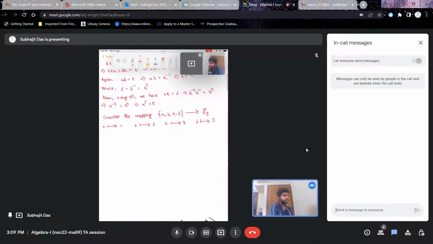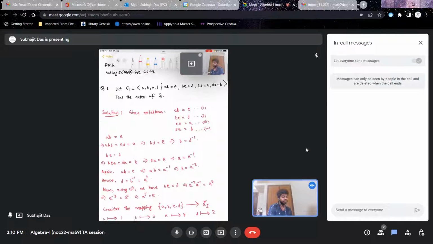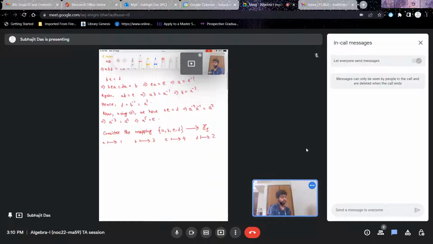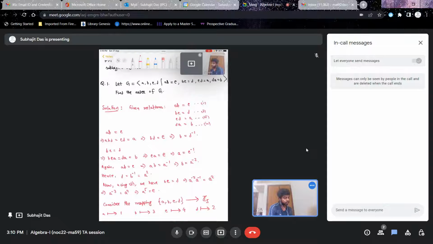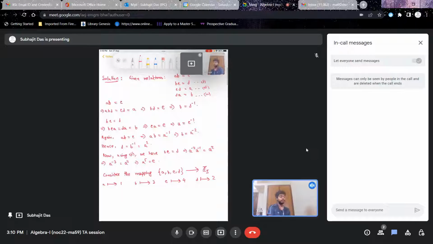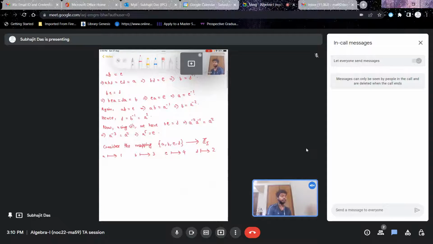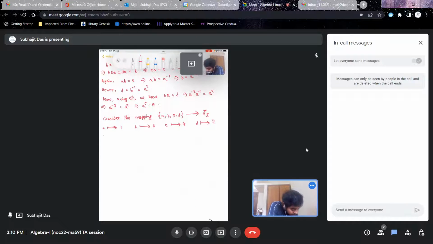And D times A is given to be B. So D plus A, which is 2 plus 1, is 3, which is certainly B. So first of all, this is a set mapping of A, B, C, D into Z5.